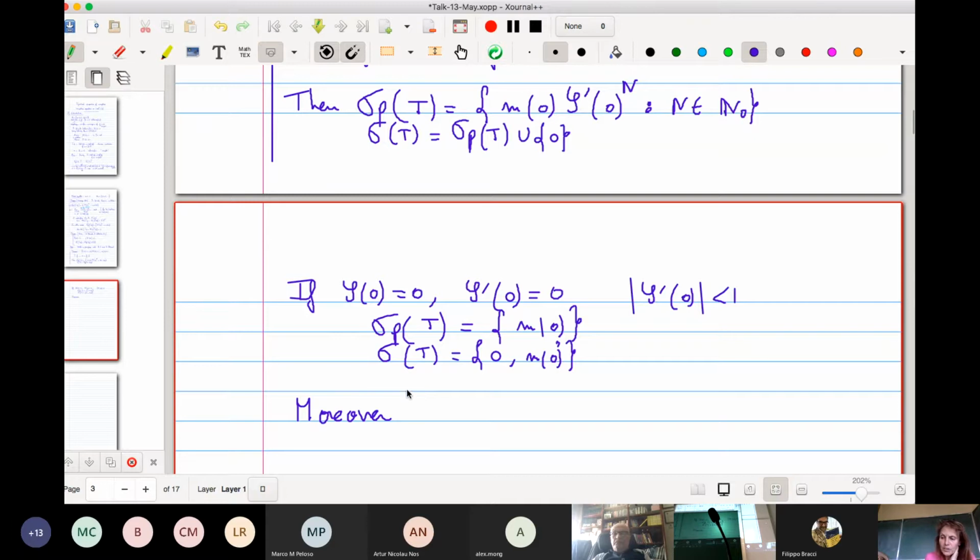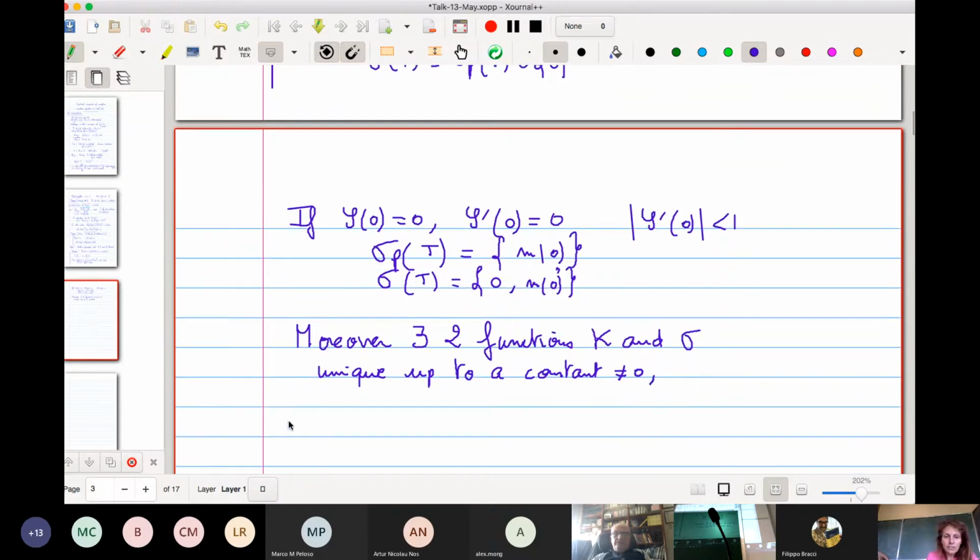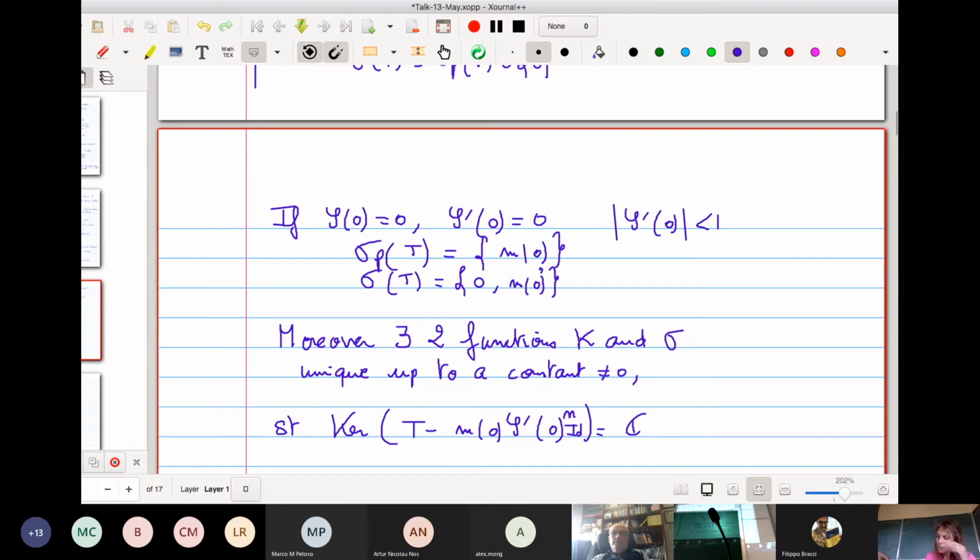Moreover, we have the existence of two functions, say kappa and sigma, the one defined by Koenigs, which are unique up to a non-zero constant, such that the kernel of T minus M0 phi prime 0 to the N times identity is just a one-dimensional space generated by kappa sigma to the N. So again, it's one-dimensional.